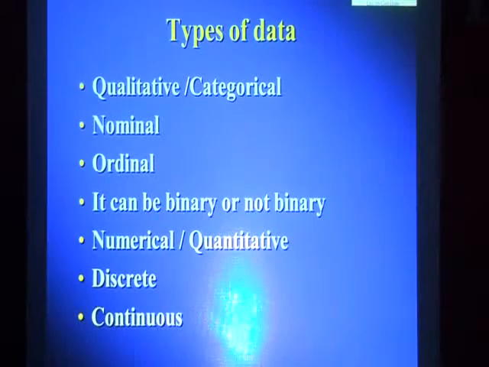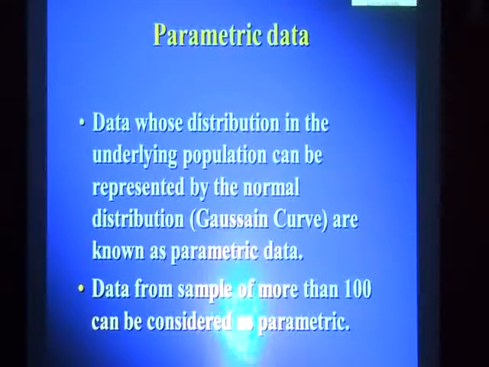Now to understand the basic principle of which test is appropriate for a particular type of research question, you must know that there are basically 2 types of data. One is qualitative or categorical, and the other is numerical or quantitative. In numerical or quantitative data, you should also realize that the data can be parametric, which follows the Gaussian curve.